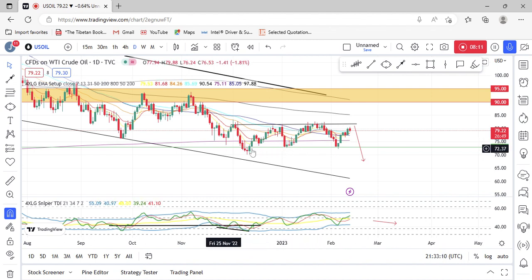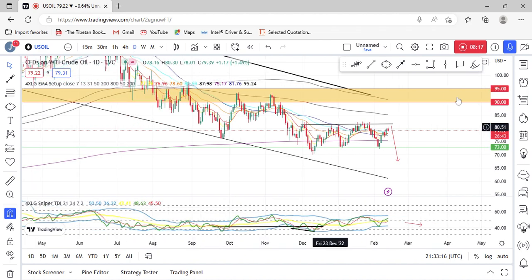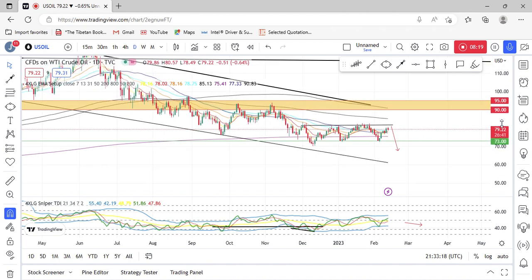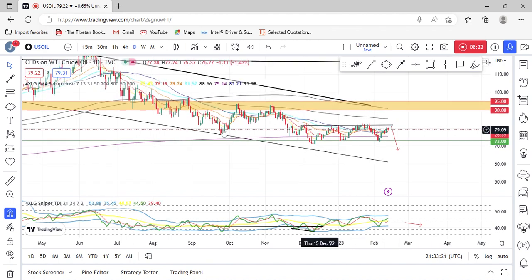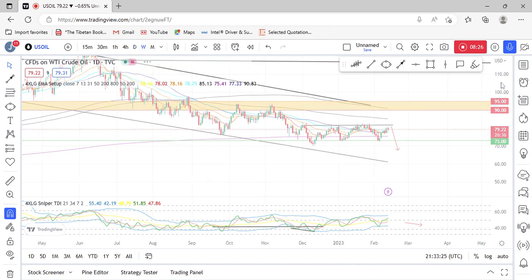And this has been also the demand area or support area for the bullish we are seeing. So basically, there's a higher time bearish opportunity or decline in the prices of oil.